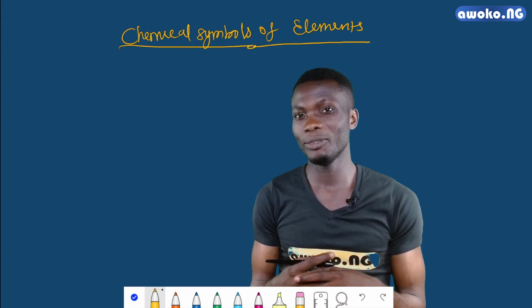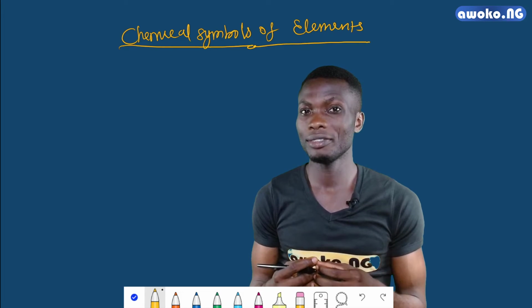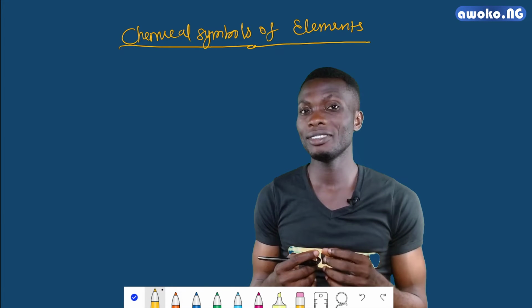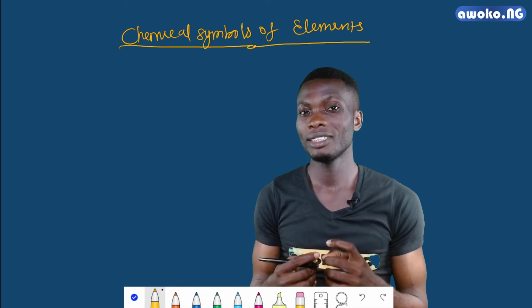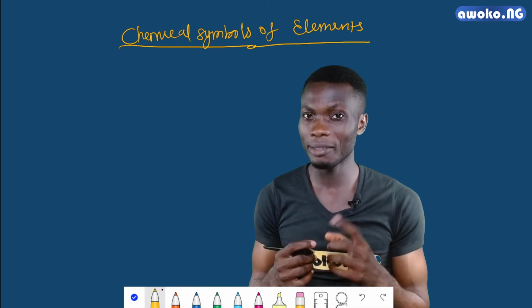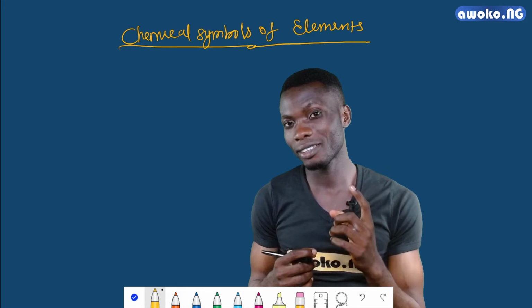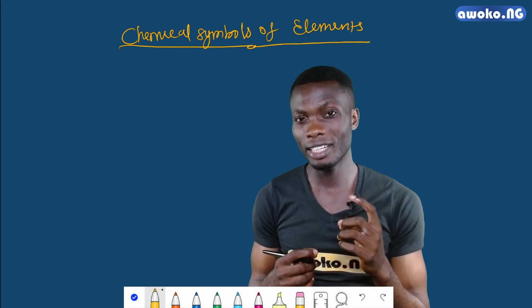One of the ways is that it can either be the combination of the first letter found in the name of that element and another letter to form the symbol for that element, or it can be just the first letter of that element.